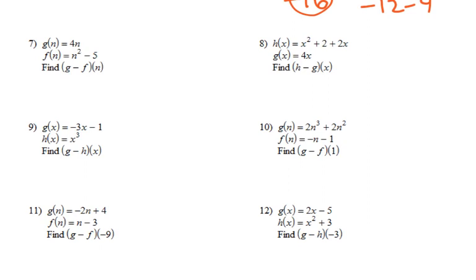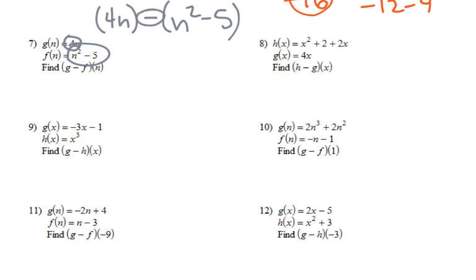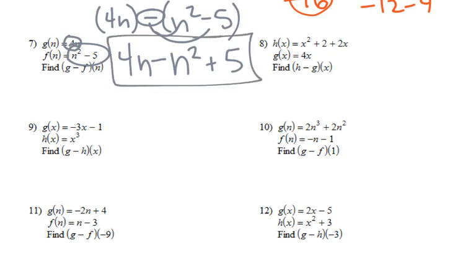So if we look at 7, start out 4n minus n squared minus 5. Now that minus here applies to each one. So it's actually a minus n squared, but a plus 5. And that's what you've got to be careful of. Now, there's no like terms, so I just leave it how it is, and there's my answer.